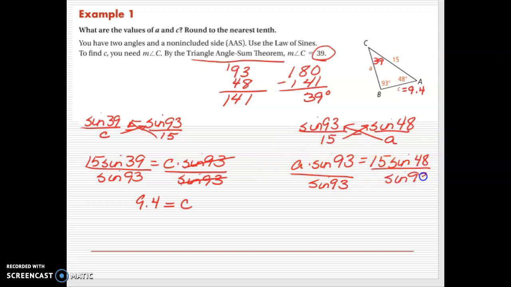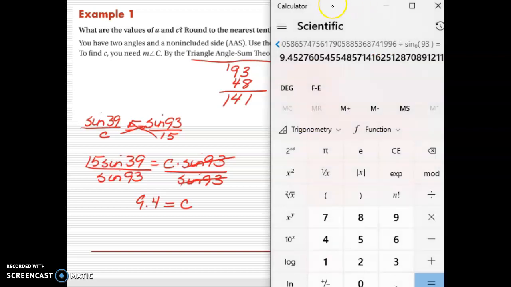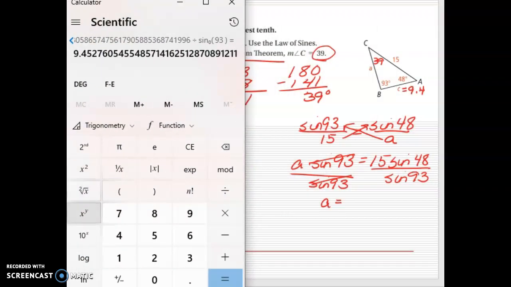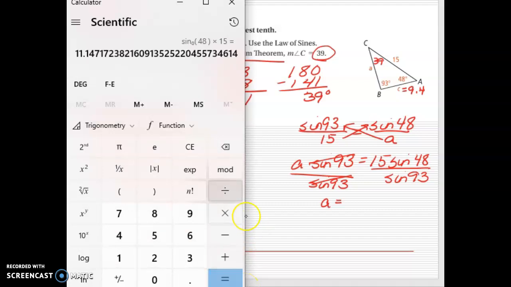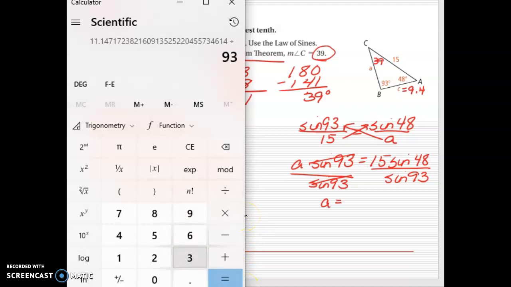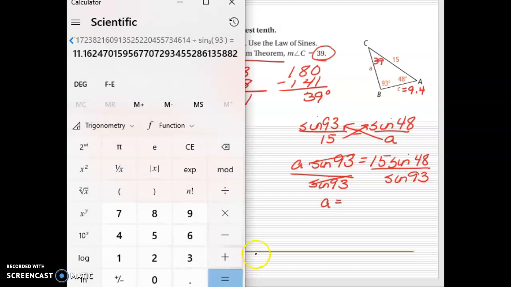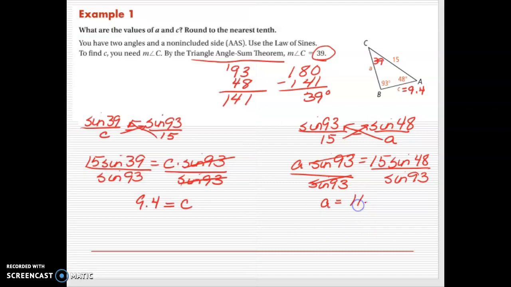A equals the sine of 48 times 15 divided by that sine of 93. So my A would equal 11 point, I'm going to round that up to 0.2 since that's a 6. So I would have 11.2.